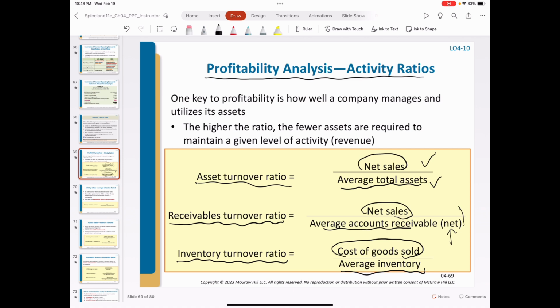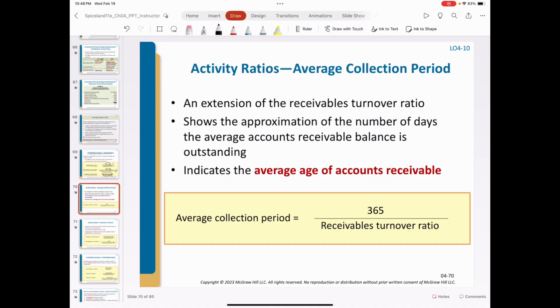Besides the activity ratio itself, we can make a conversion to make it more understandable. Here we can convert the activity ratio to a number of days. We just divide the number of days in one calendar year, 365, by the accounts receivable turnover.